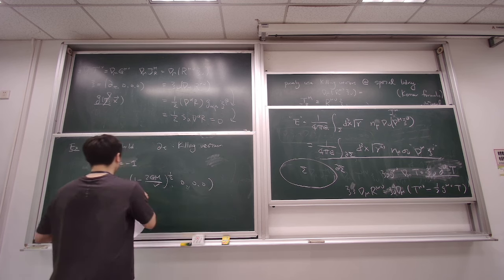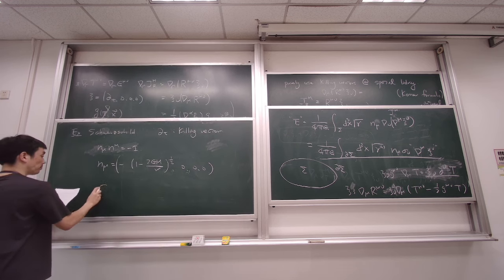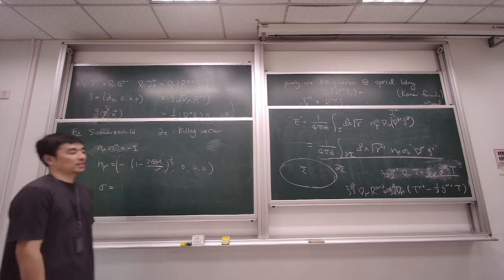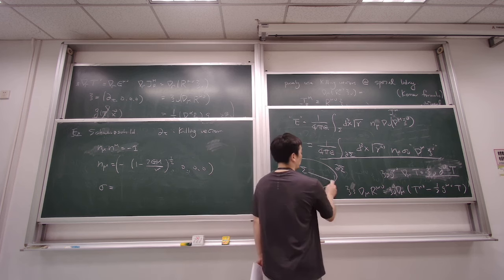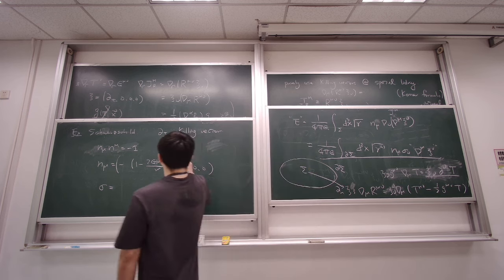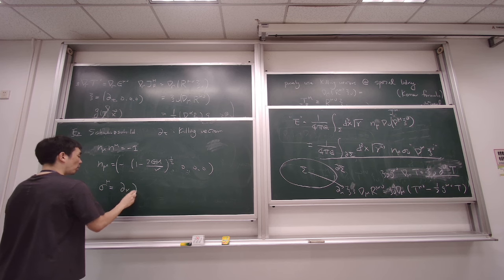So one can have this coordinate. And for sigma, it can be just considered as the radial one, partial r. So sigma mu can be understood as partial r mu.